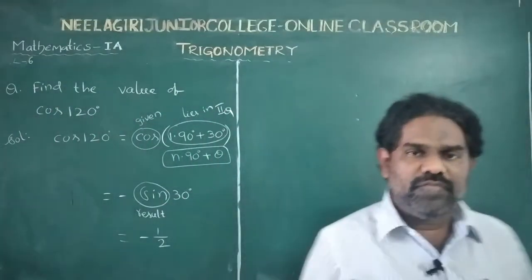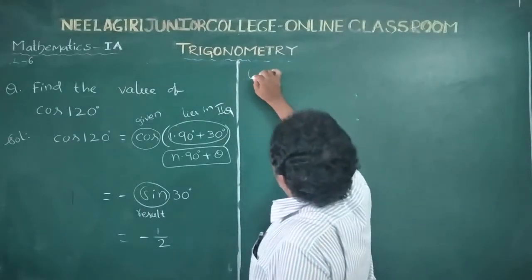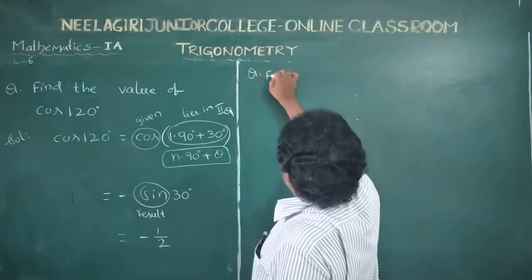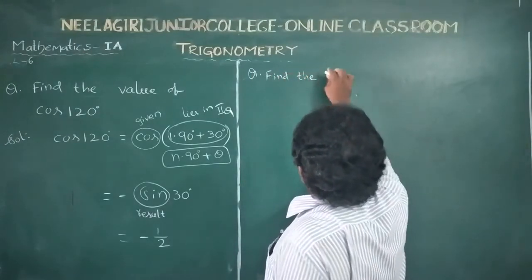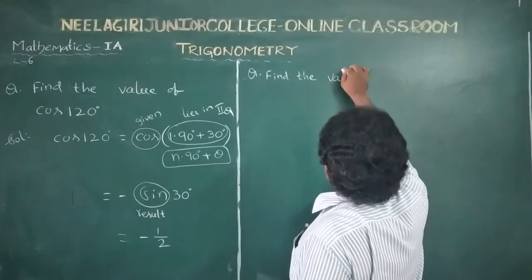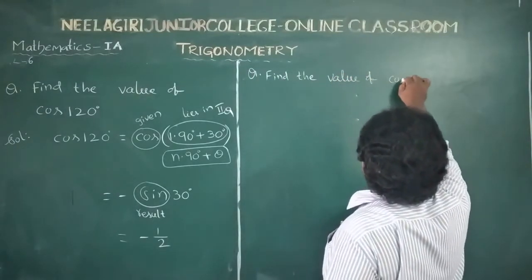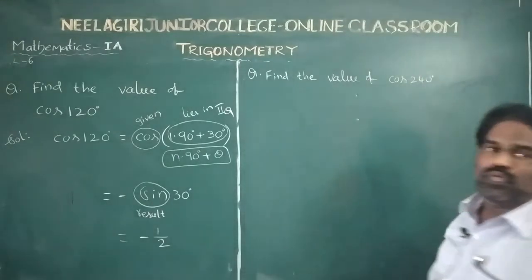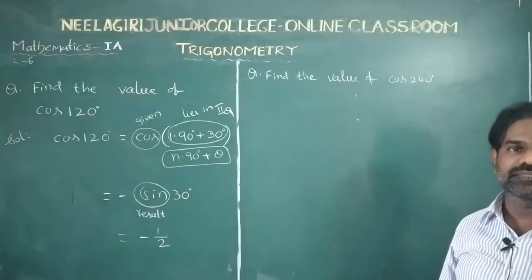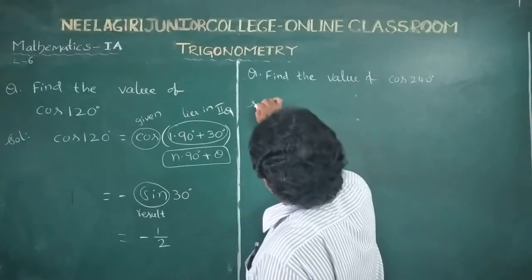Let us see. We have to find one more angle. Find the value of cos 240 degrees. Solution.